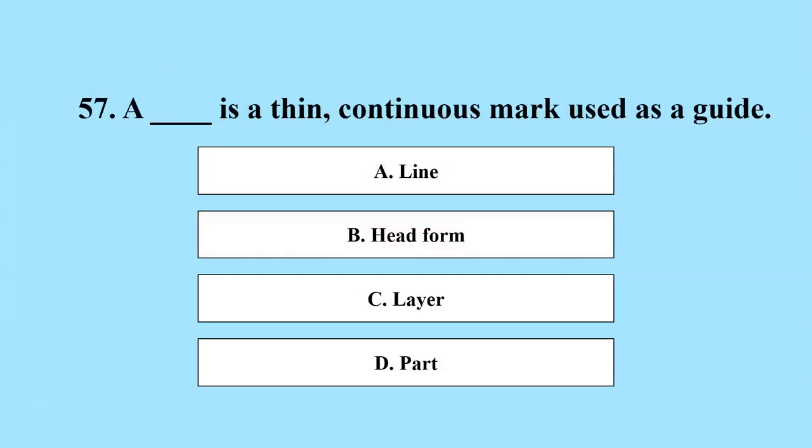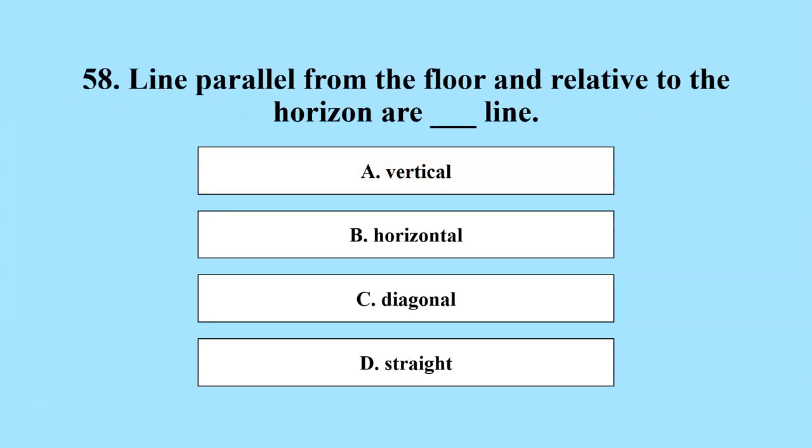A blank is a thin, continuous mark used as a guide. Line, head form, layer, part. If you chose A, line, you are correct.